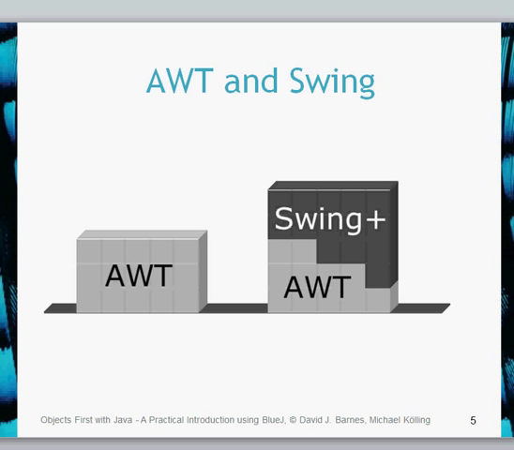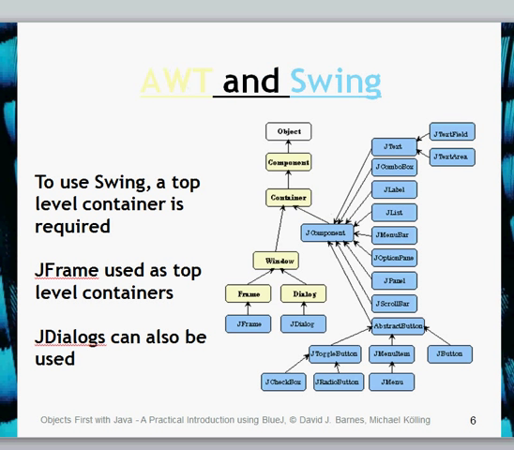Now, in order to achieve this, we use some packages from Java. We use the AWT and the Swing packages, and both provide different things, but in total this is what we use for our GUIs. So in terms of the inheritance hierarchy, it looks a little bit like that. All those in yellow are the AWT classes, and all those in that sort of light blue colour are the Swing classes, and we use both.